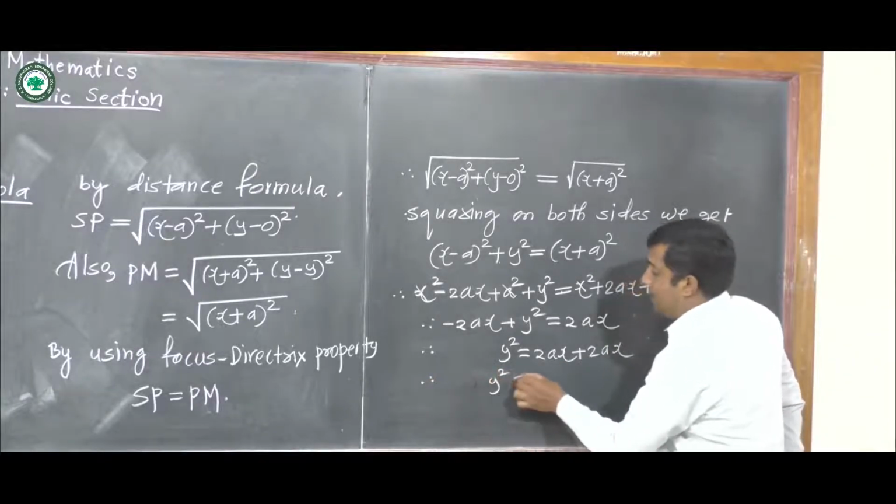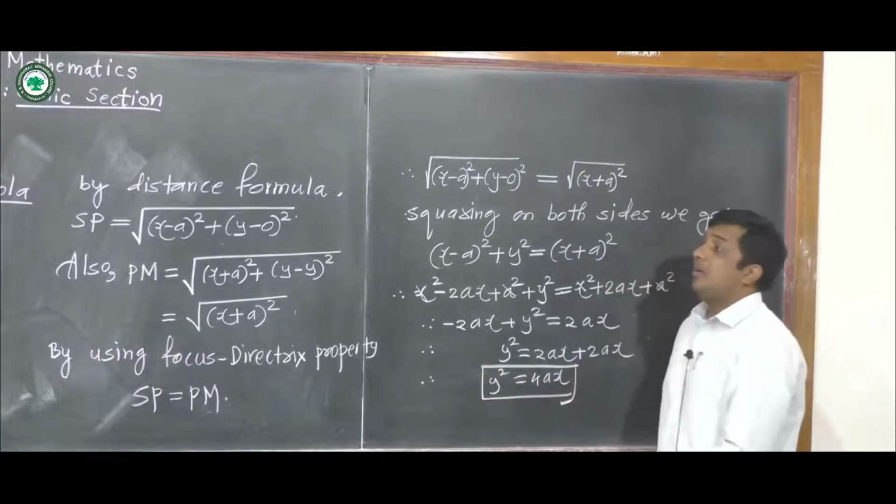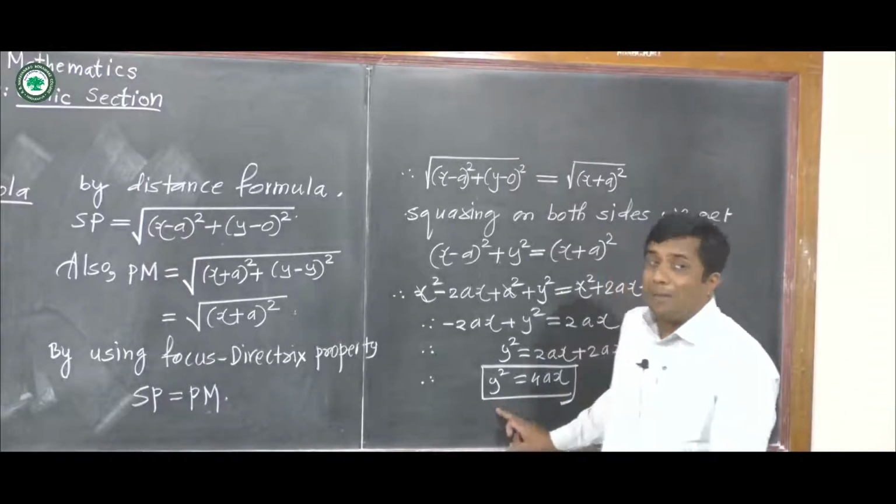Therefore y squared is equal to 4ax, and this is the standard equation of the parabola.